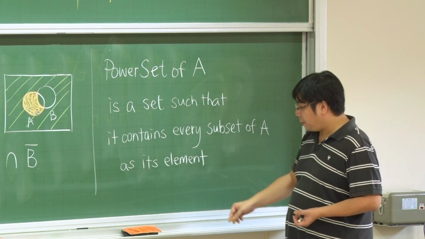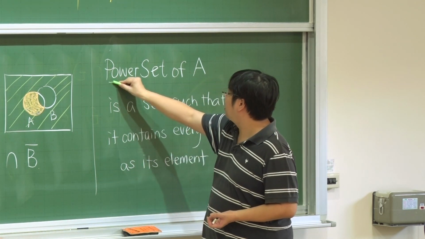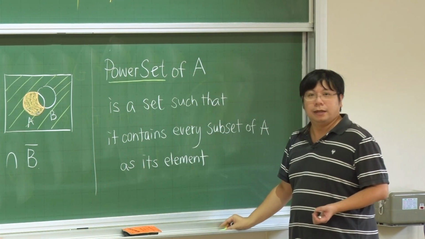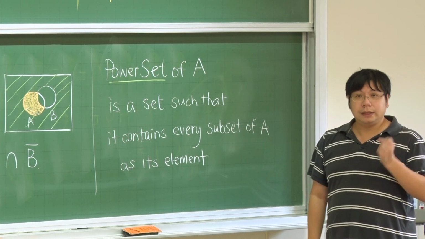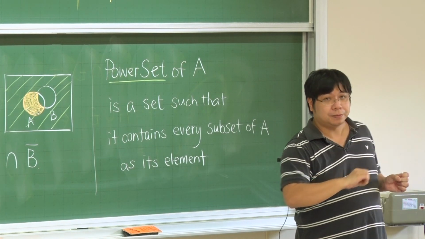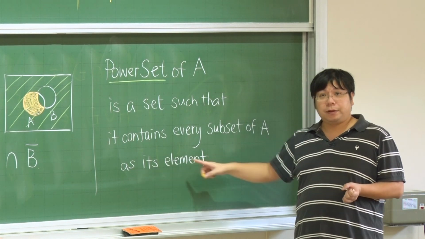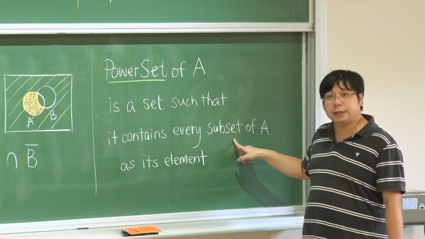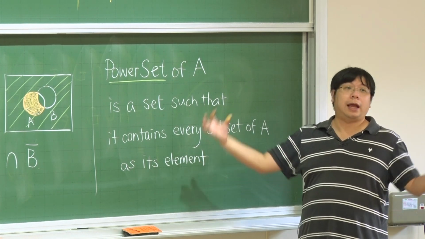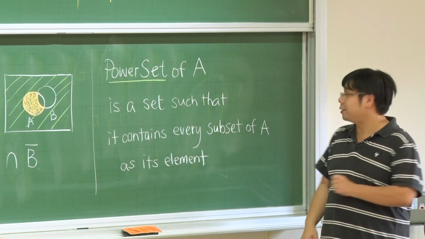So the power set of a set A is still a set, but inside the set, it is not just plain items. The elements of this set will be the subsets of A, and it contains every possible subset of A. So I'll give you an example.